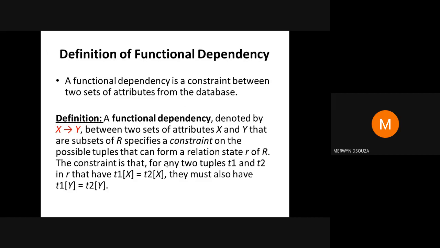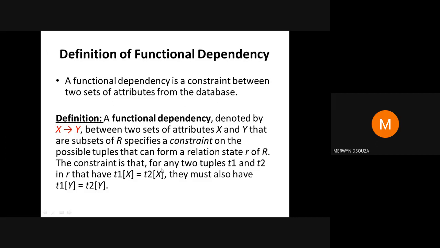So for a definition, a functional dependency denoted by X determines Y between two sets of attributes X and Y that are subsets of the relation R specifies a constraint on the possible tuples that can form a relation state r of R. The constraint is that for any two tuples T1 and T2 in r that have T1[X] equal to T2[X], they must also have T1[Y] equal to T2[Y].